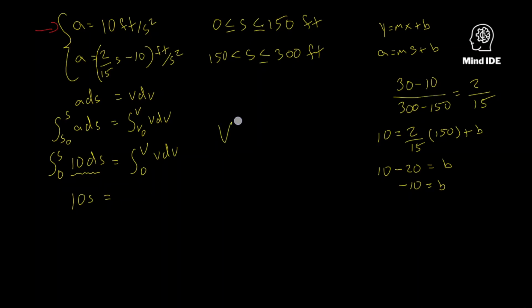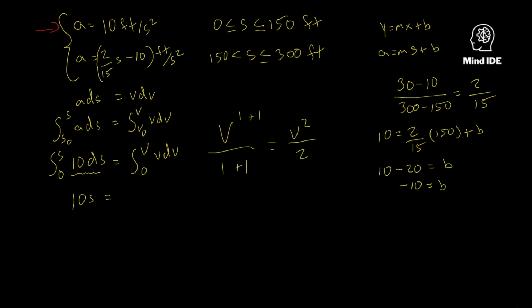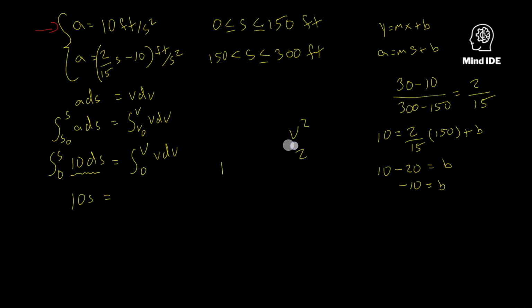To do an integral, you have x to the n plus 1 over n plus 1. In this case, v is just v to the 1, so it's just v squared over 2. Okay, so we've got v squared over 2, and then we just want to solve for v.